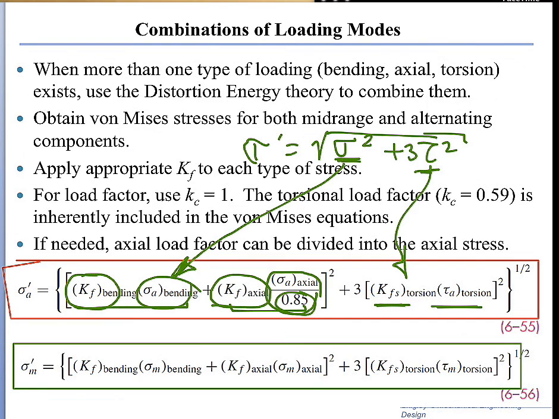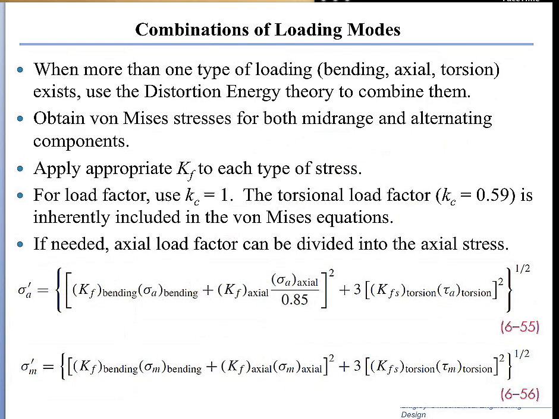So having done that, in this equation 6-55, the mean stress is essentially identical. The only difference is that instead of alternating, we use the symbol m for mean or mid-range stress everywhere. And also the load factor for the axial is not included for the mean, because it is kind of an overkill if we use the load factor for the mean.